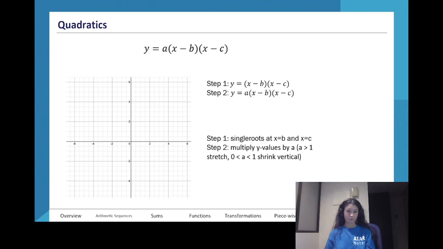And then, of course, applying the other element, which is the a value at the front, that's going to be a dilation factor. So drawing this all together, we might have roots at b and c, and it might be dilated by a factor of a.